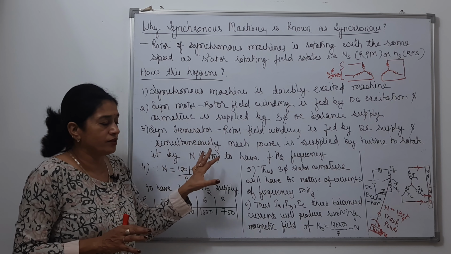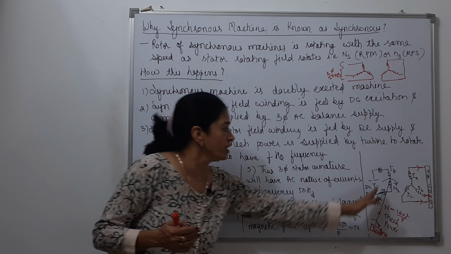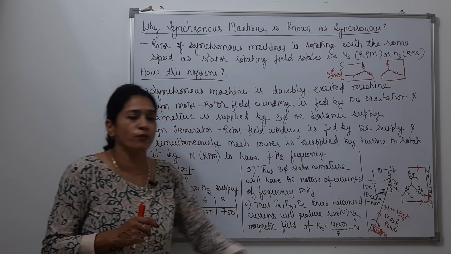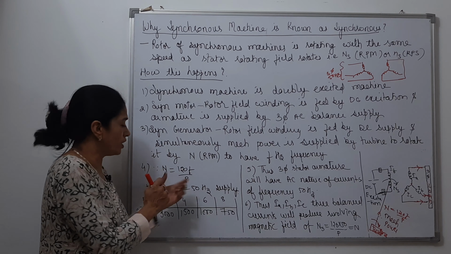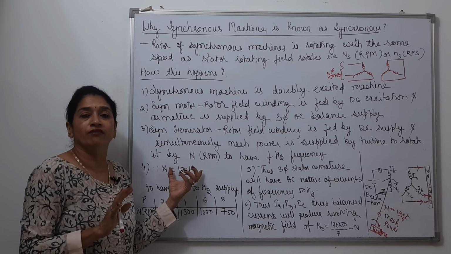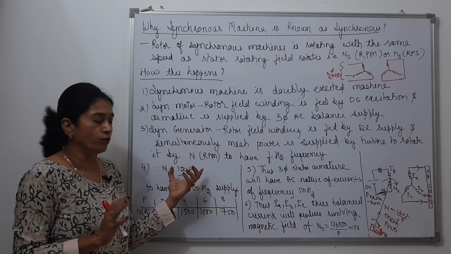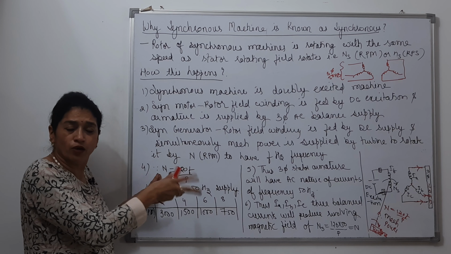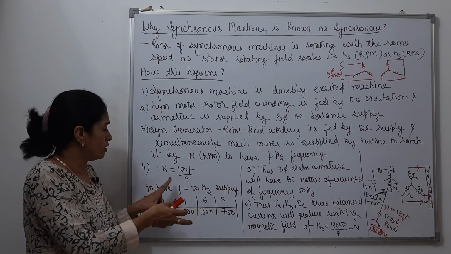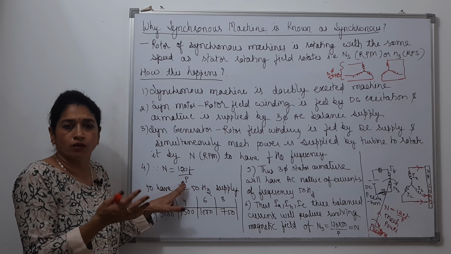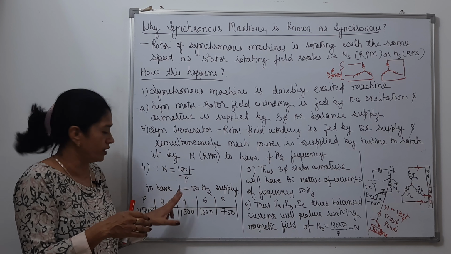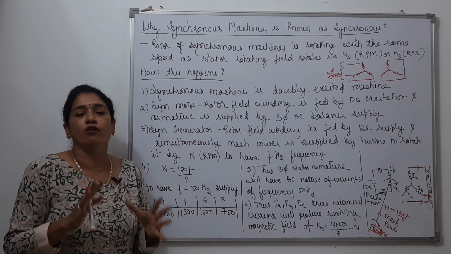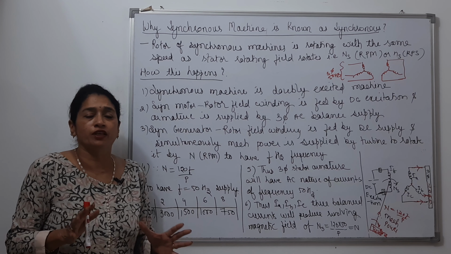In the synchronous generator, as I said, it is doubly excited, and the rotor is rotated by the turbine with the speed N = 120f by P. I have already taught you the derivation of this formula. N is the speed at which we are rotating the rotor. P is the number of poles of the synchronous machine, either 2 pole, 4 pole, 6 pole, or 8 pole. But in India, we are restricted to a frequency of 50 hertz.